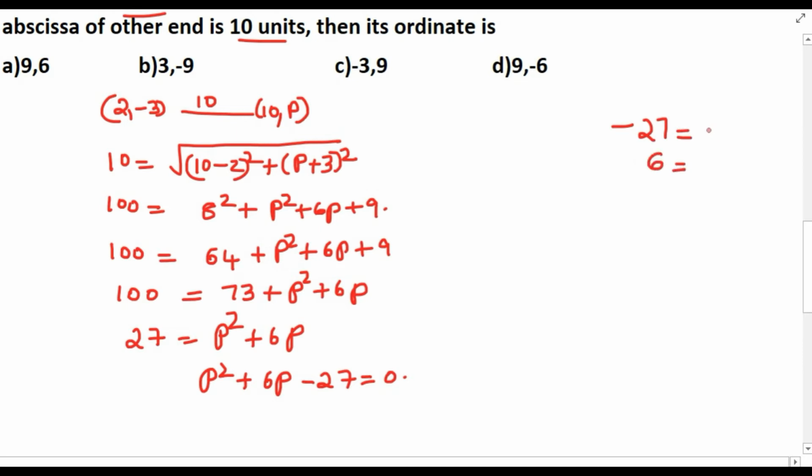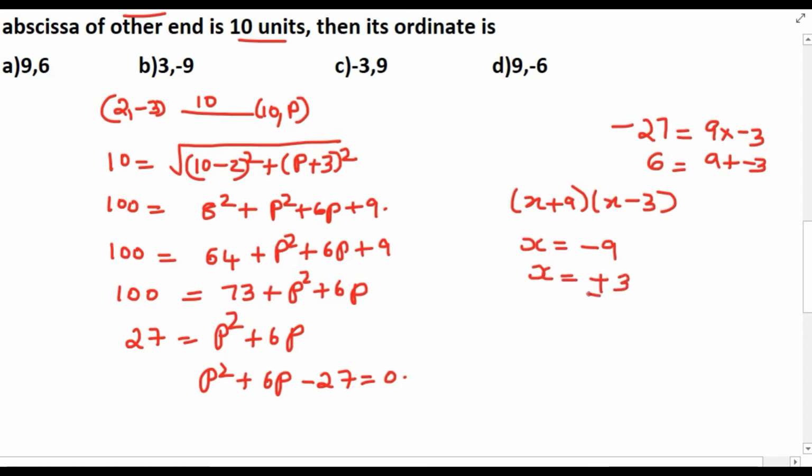So it will be 9 and minus 3. So the factors are (p plus 9) and (p minus 3). So the value of p will be p equal to minus 9 and p equal to plus 3. So the second one will be your answer. The ordinate can be either 3 or minus 9.